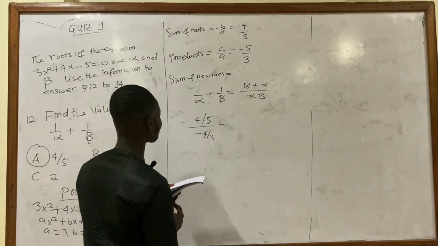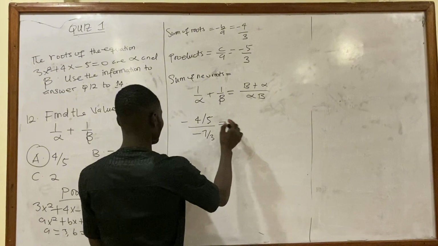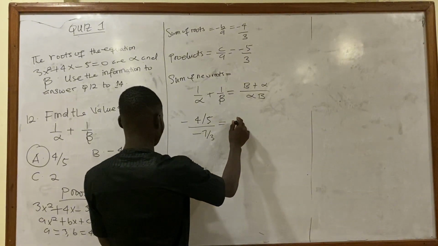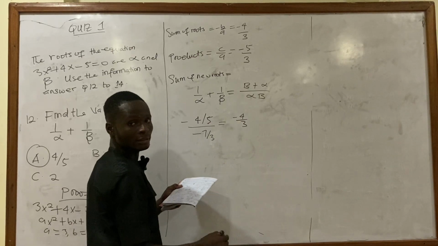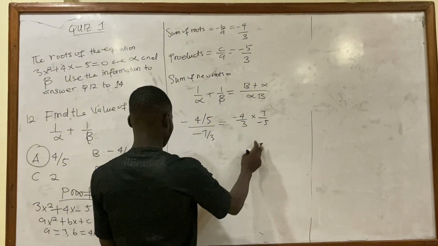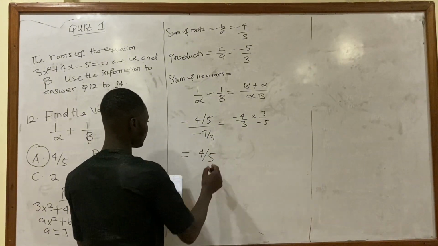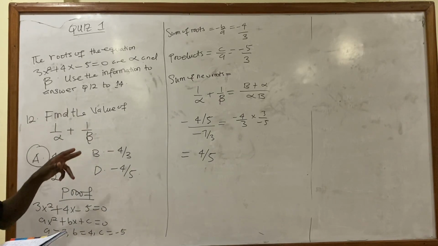From here we can say that this is equal to minus 4 over 3 times 3 over minus 5, and this will give us 4 over 5. All right, so let's get to the 14th question.